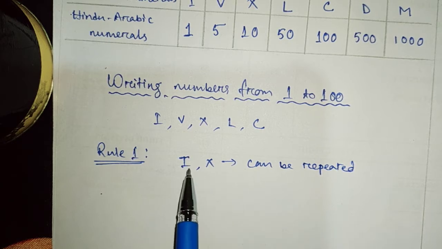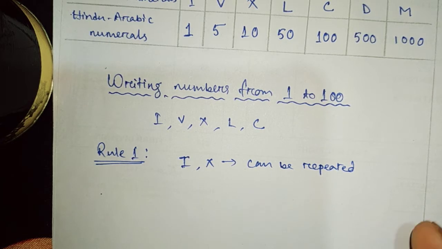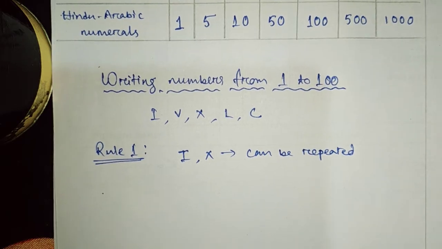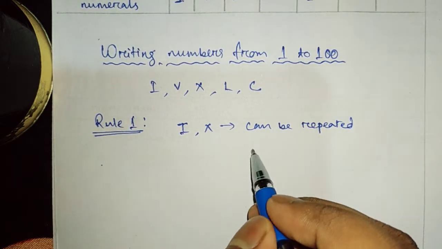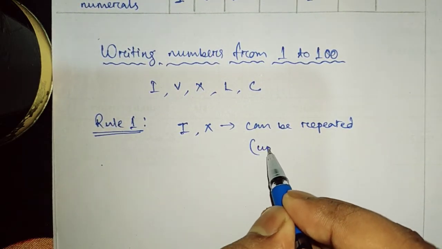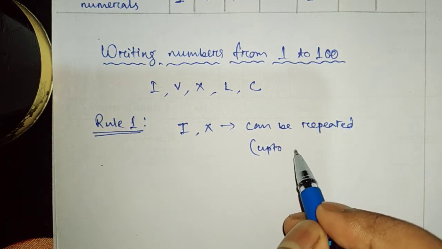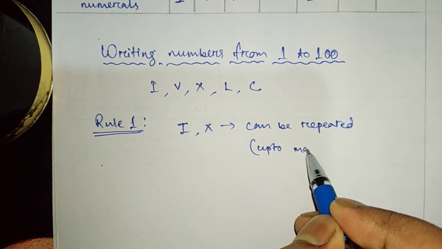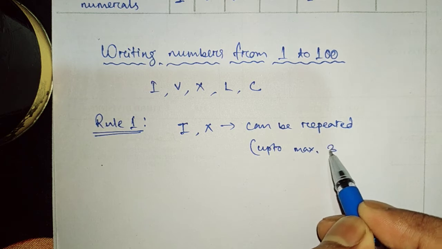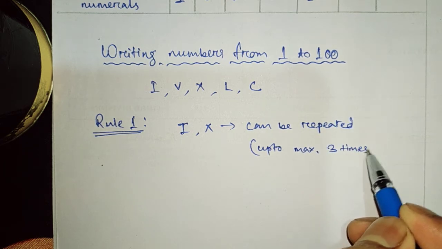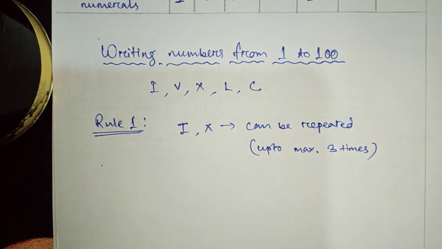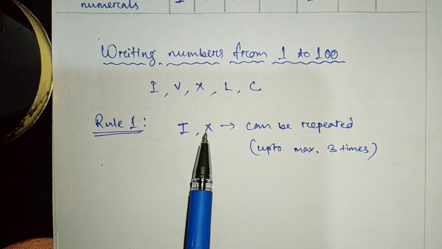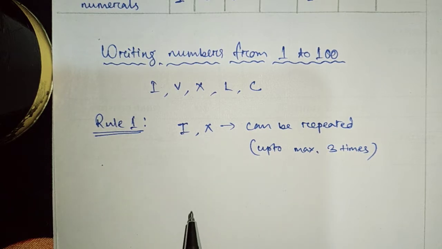While writing numbers, I and X can be repeated. Maximum how many times? Maximum 3 times. We cannot repeat either of I or X more than 3 times.